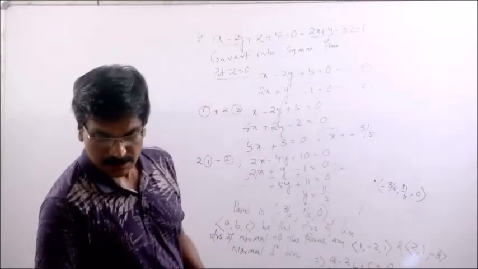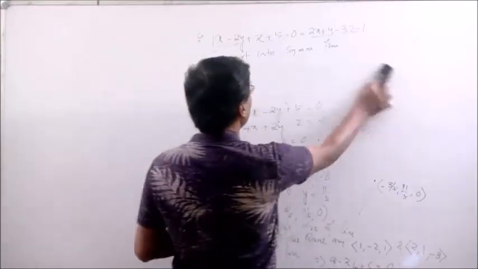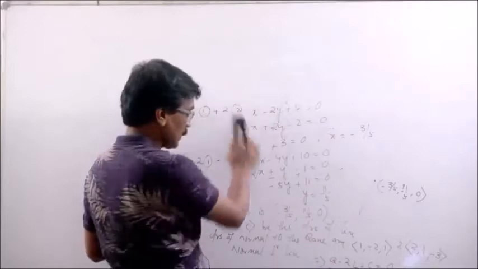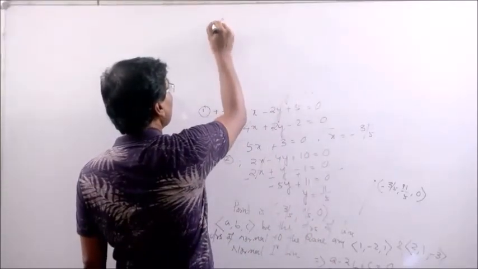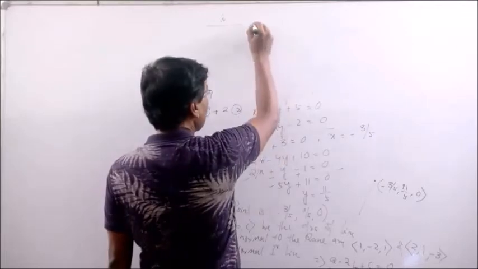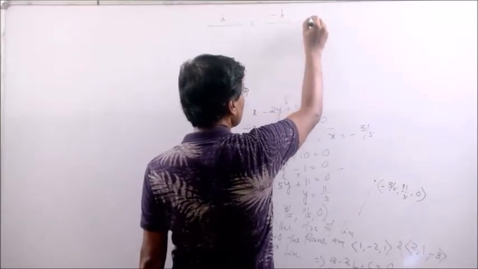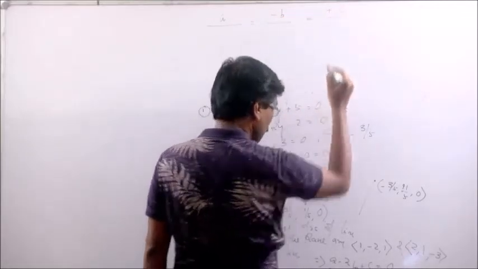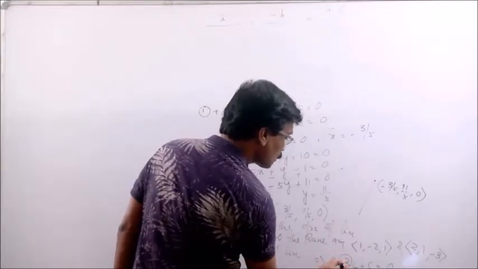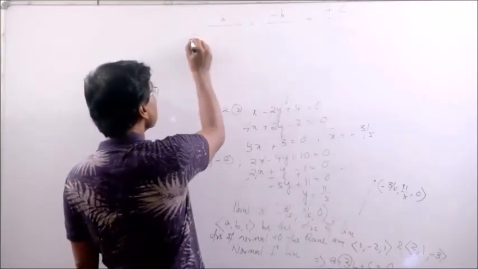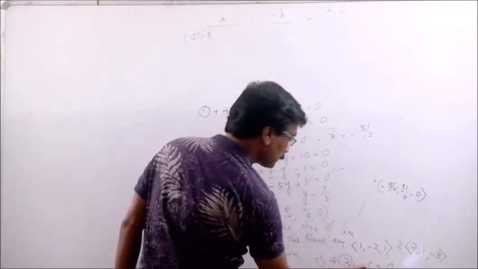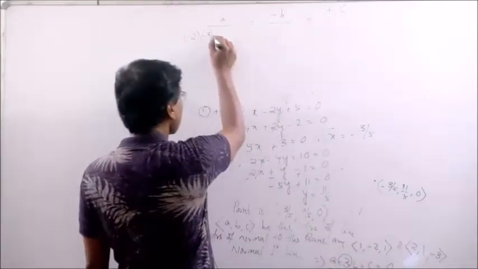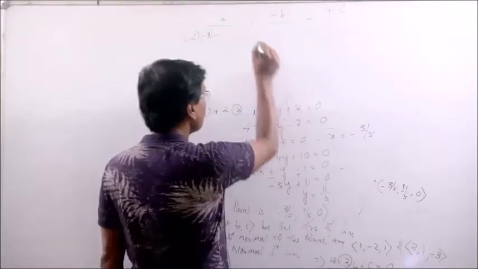Now we can solve these two equations by cross product. So that will be a by (minus 2 into minus 3 minus 1 into 1).